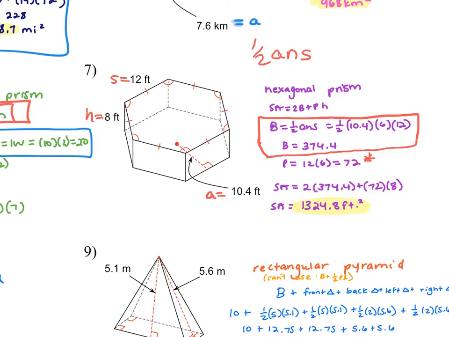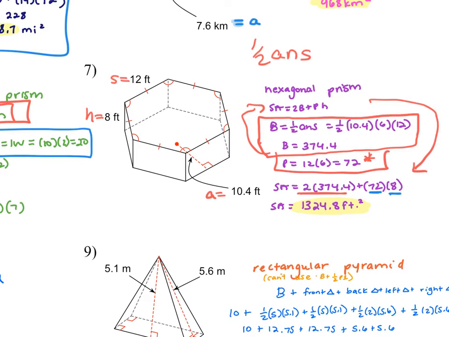Now I'm going to plug all of these numbers into this formula, which I now have written here. So this is 2 times the base area, and this is perimeter times height, giving me a grand total of 1,324.8 feet squared. Remember, whether it's area, total area, surface area, or lateral area, it's always units squared.